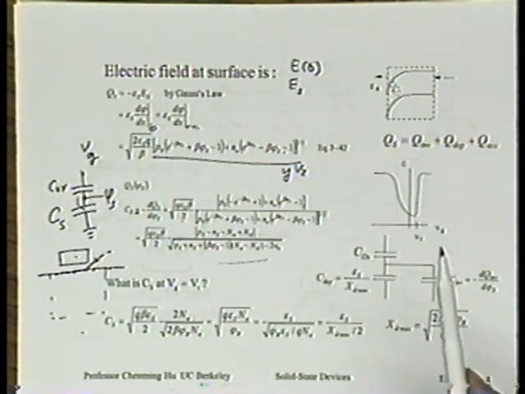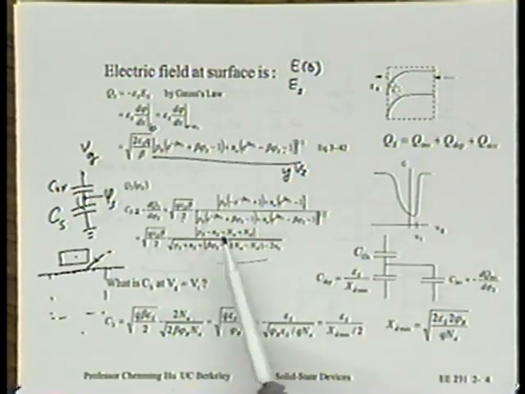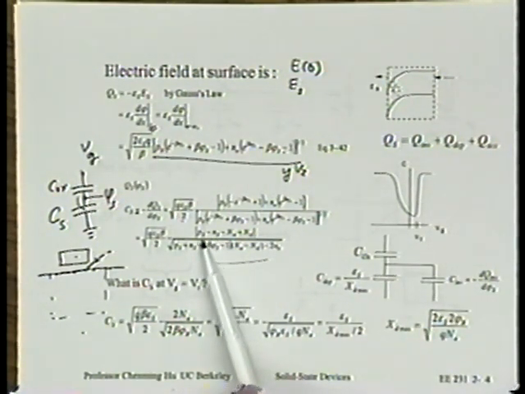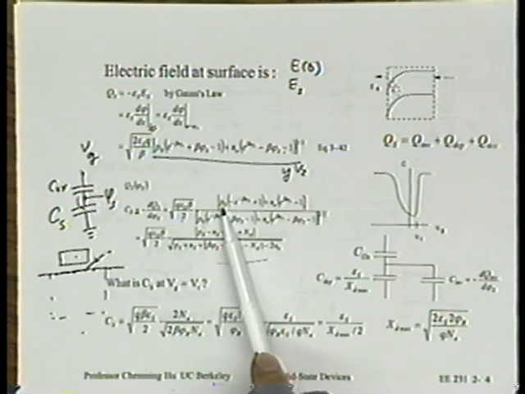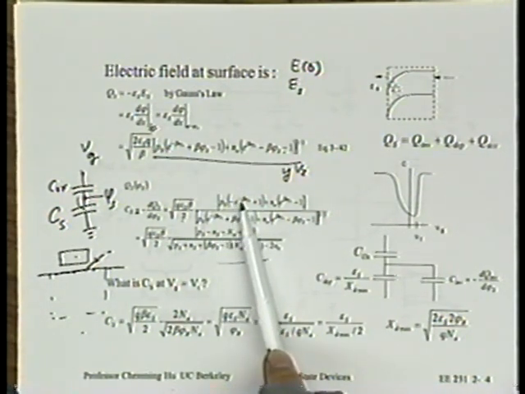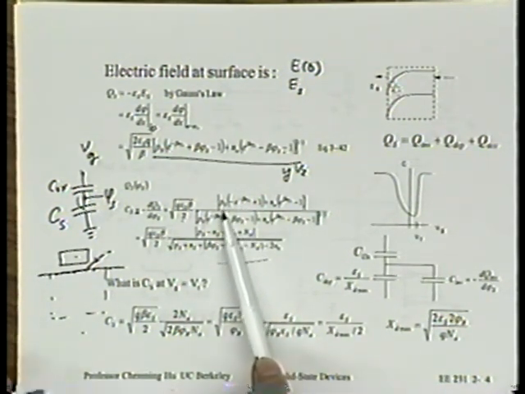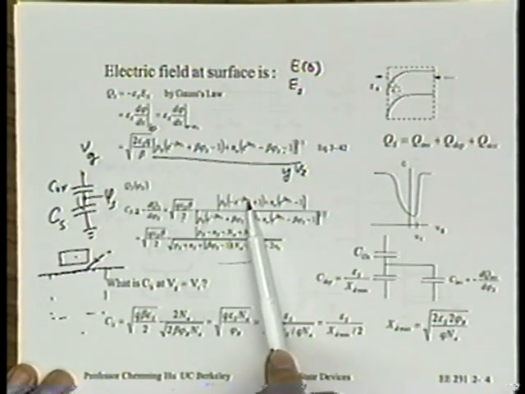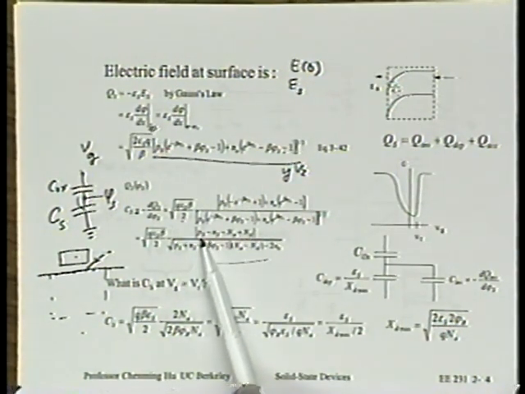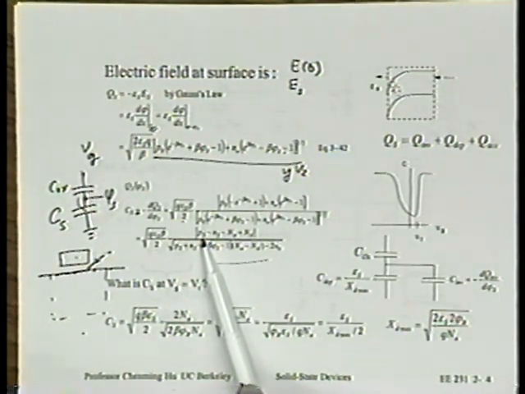It's not too surprising we can do that because, for example, ps is equal to p0 exponential minus βφs. That's the surface hole concentration. We in fact used that when we started to build the Poisson equation today.